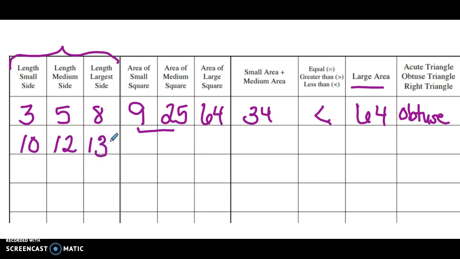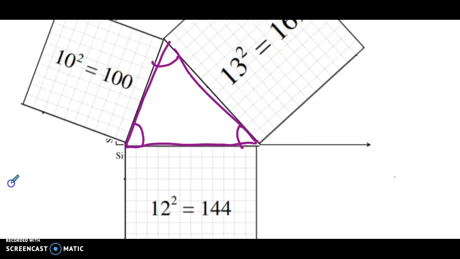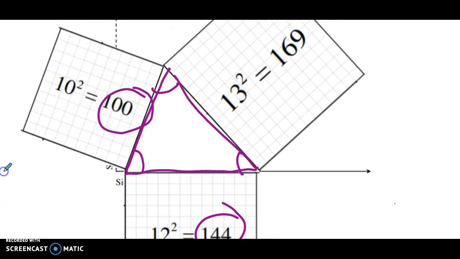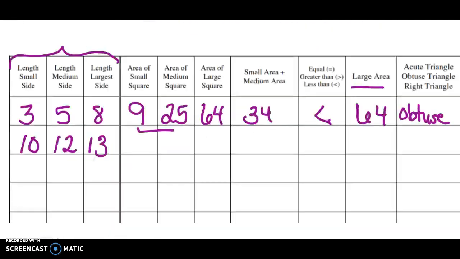Then I want to find the area of the small, medium, and large. I can look at my picture, and I have 100, 144, and 169. That's 10 times 10 is 100, 12 times 12 is 144, and 13 times 13 is 169.